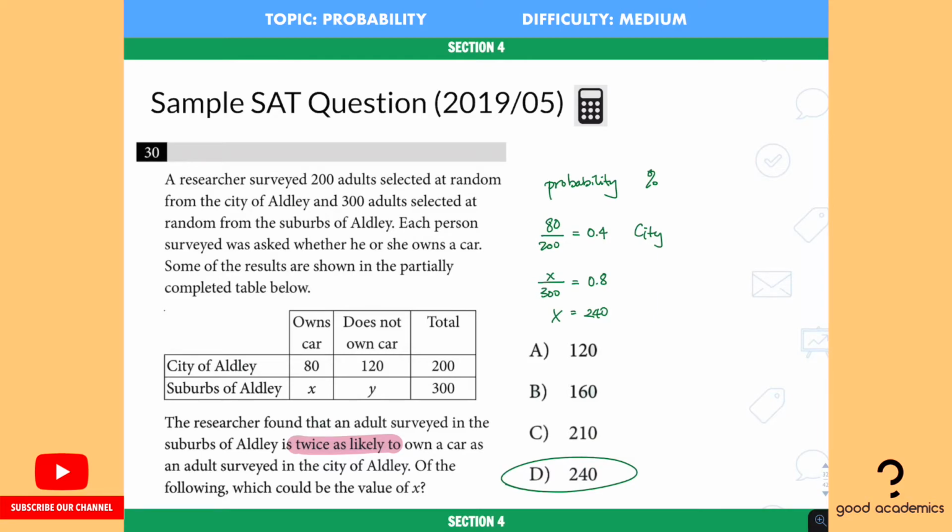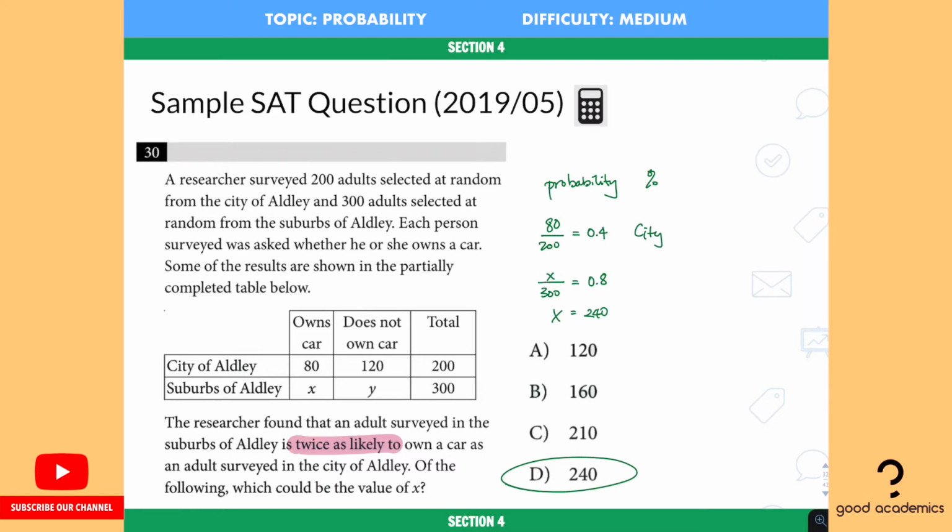So the question itself is not hard. It's just that you have to be very careful as you read the question. Do not be tempted to just rush to the 160 because you see the word twice. Make sure you understand the likelihood.